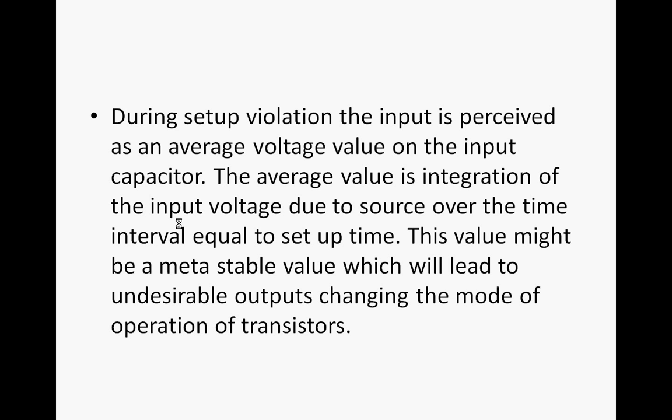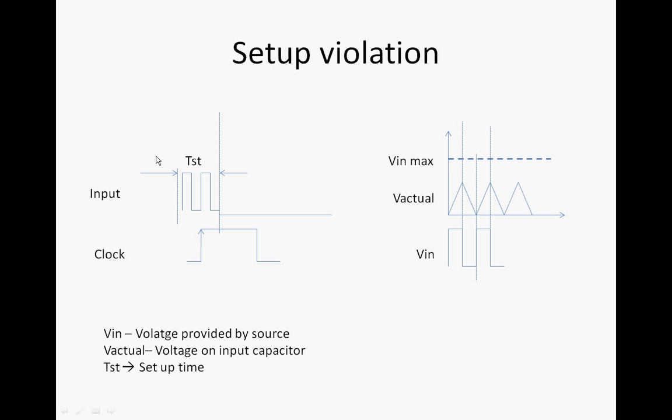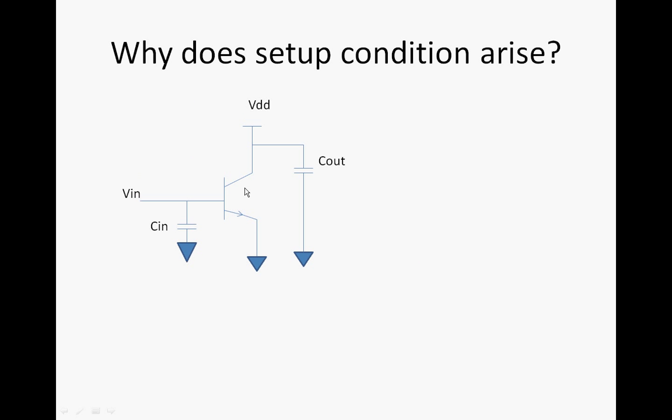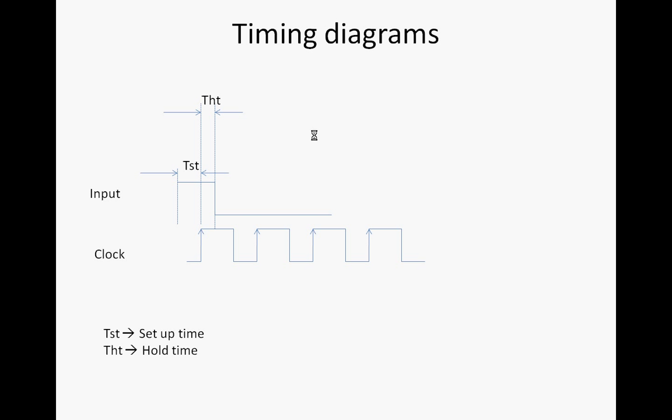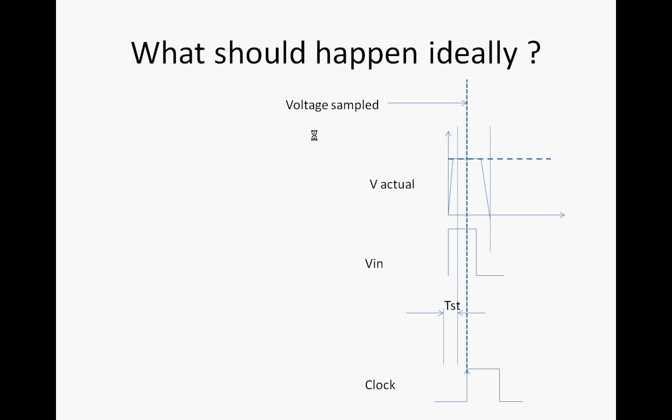This value might be a metastable value. Supposedly, if it's a transistor circuit and I am switching between logic 1 and logic 0, my circuit should be operating between saturation and cutoff. When I apply a 1, it's an NPN transistor, ideally the output should be 0. When I apply a 0, the output should be 1. But if my input is switching so fast, my transistor will see that input as an average of 1 and 0, which might be a logic value that leads to the active mode of operation of the transistor.